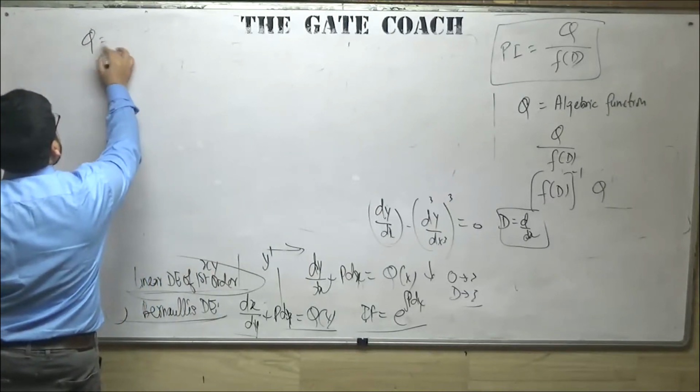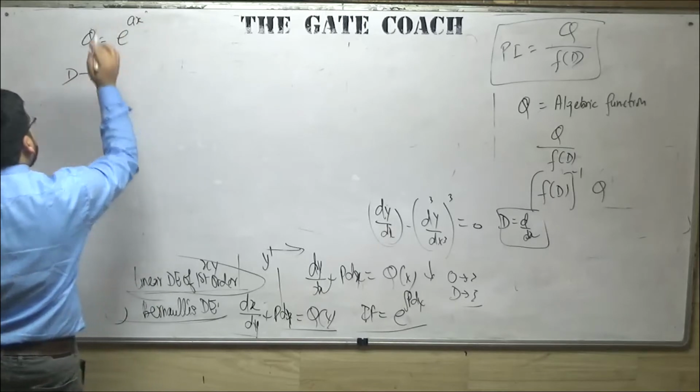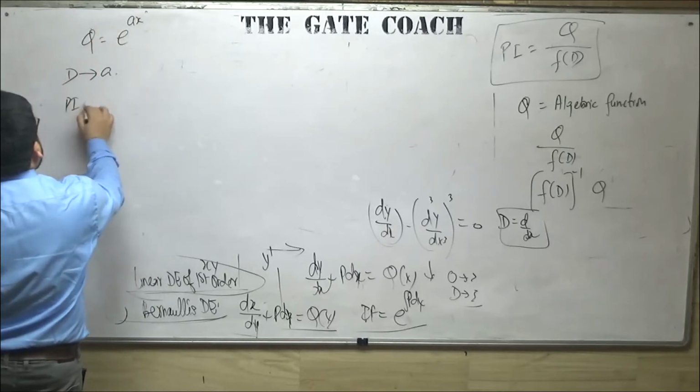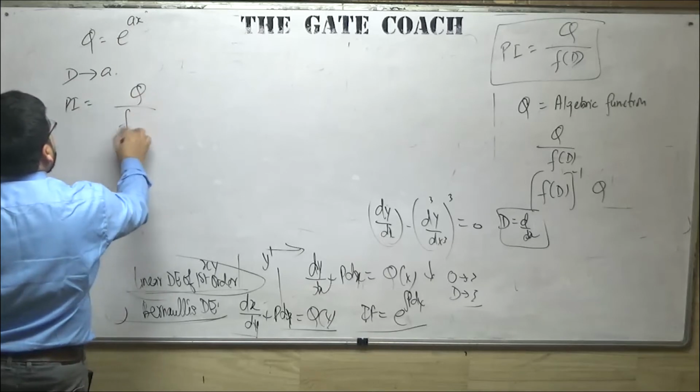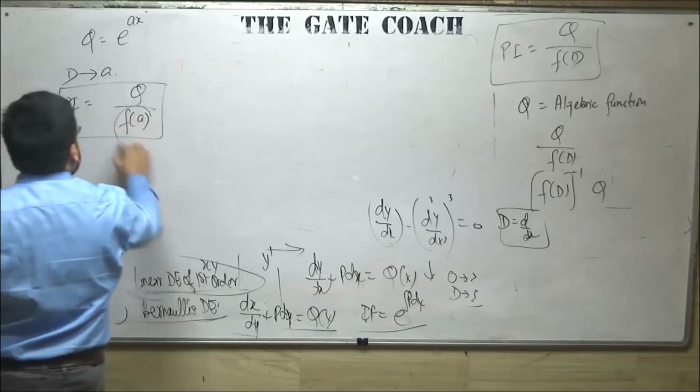If this Q is e raised to the power ax, then just replace D with a. So particular integral will be equal to Q divided by f of a, until and unless this f of a is not equal to 0.